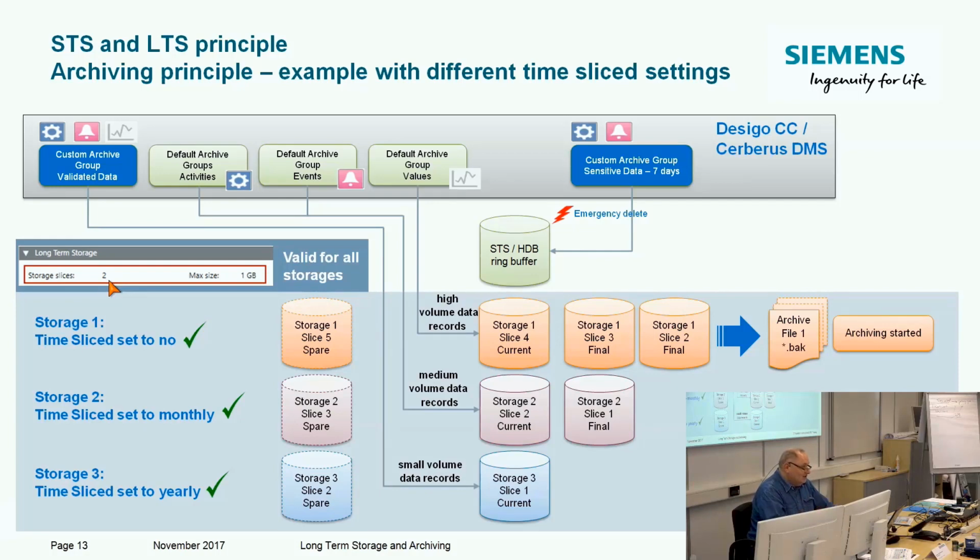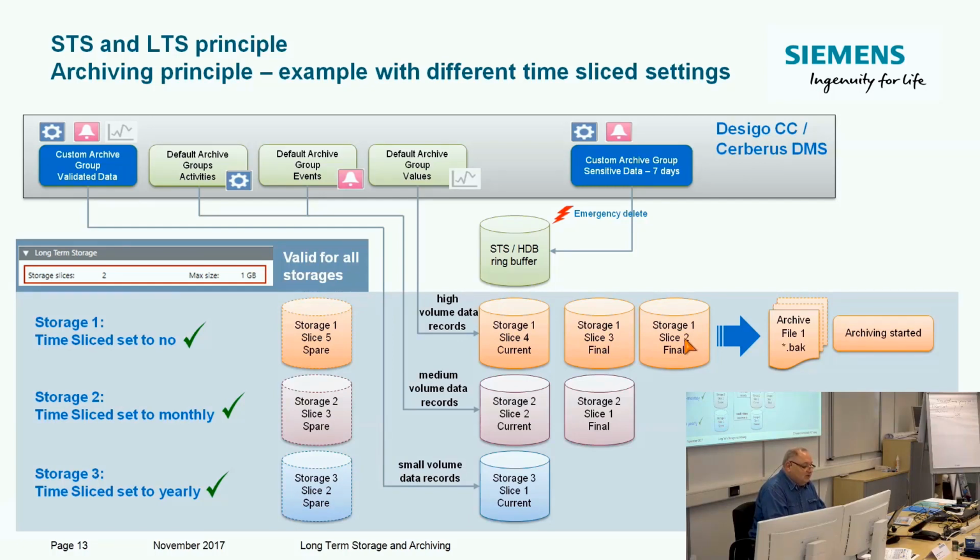This was one of the questions you probably had. These 2 storage slices I'm defining here are referring to the final ones, not the current and not the spare one. They're not included in this number 2. When I'm having here 2 final storages, what's happening next?